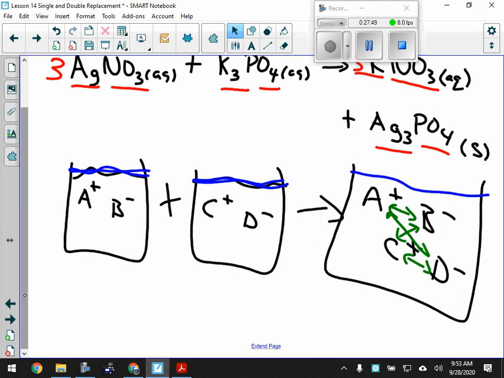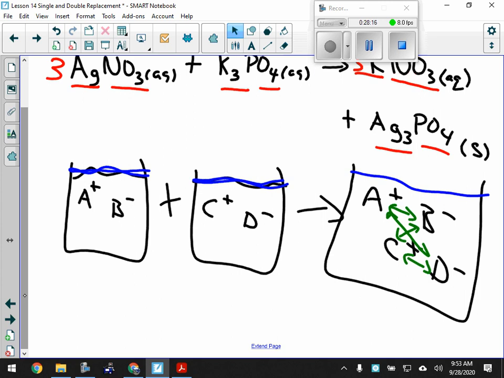So that's how we write that. C is attracted to B still, but they're split apart. And A is attracted to D. They come together and they actually stay together to form the solid, because water's not strong enough to split them apart. So that's where we get the precipitate from. That's what's happening in a double replacement reaction.